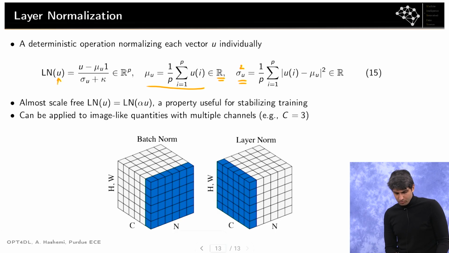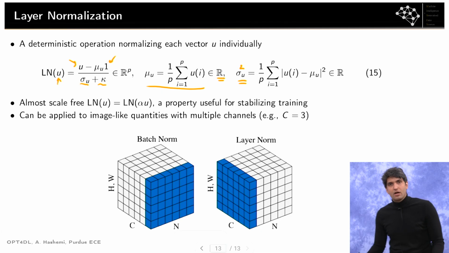And then we're going to perform the normalization. I take my vector, and then I subtract from it mu, this is a scalar, times the vector of all ones, and divide by the standard deviation plus some constant kappa, which is very small and is there to ensure we are not dividing by 0, and therefore our operation is stable.